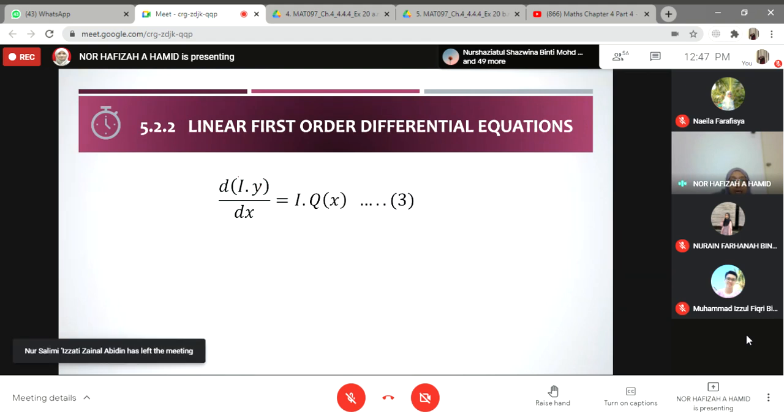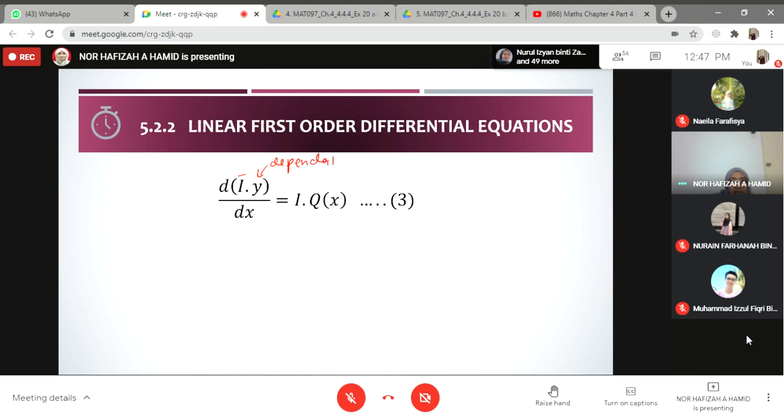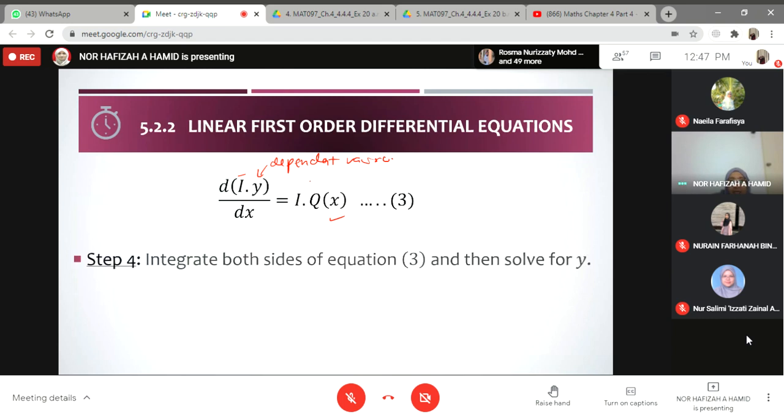So formula is integrating factor multiply with the dependent variables. So ni is the dependent. Lepas tu right hand side pun sama. You kena multiply dengan integrating factor. So you kena integrate both sides. Okay, so step 4, integrate both sides and then solve for y.